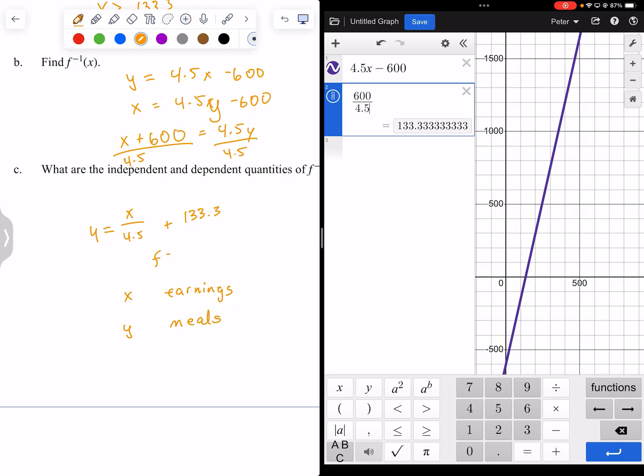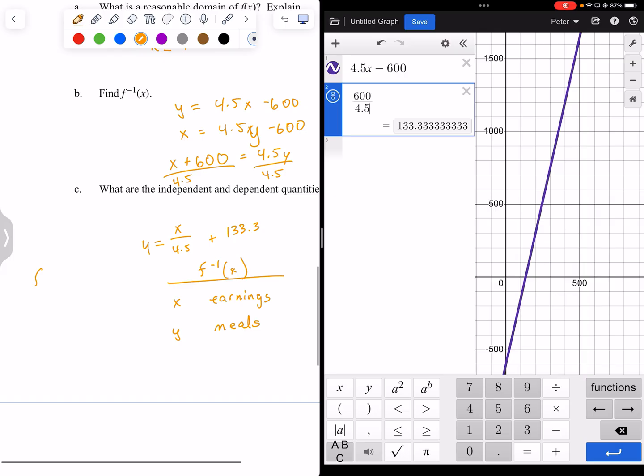So f of negative 1, the original, it just flip-flops. In the original, x is meals, y is earnings. Now we flip-flop. But which one do they want?